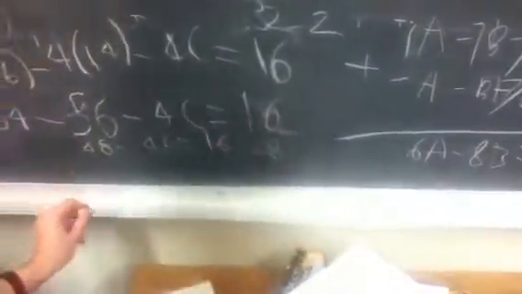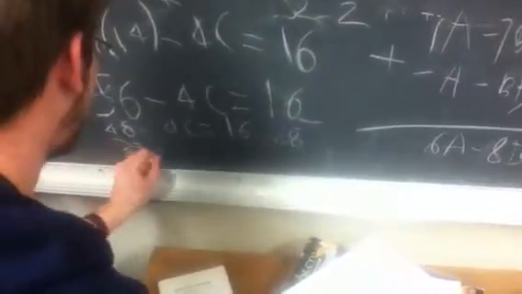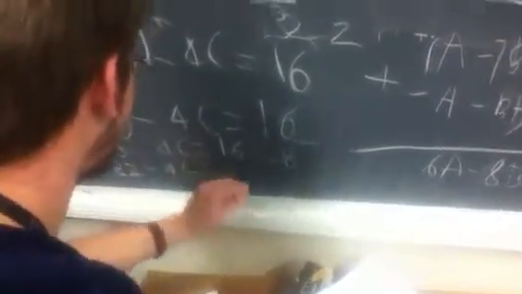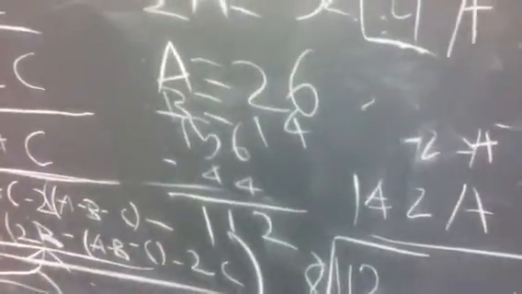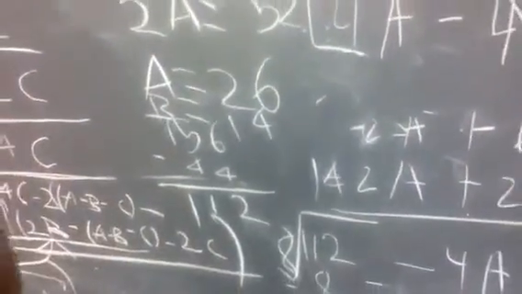Subtract 16 from both sides. 32 minus 4c equals 0. So c equals 8. So I get a equal to 26, b equal to 14, and c equal to 8. And that is number 7.